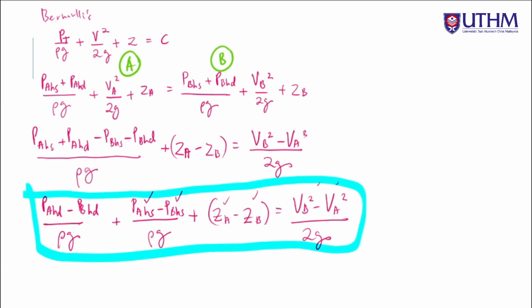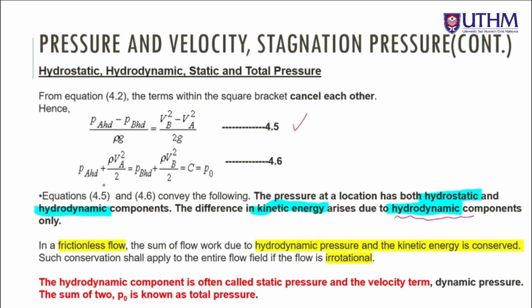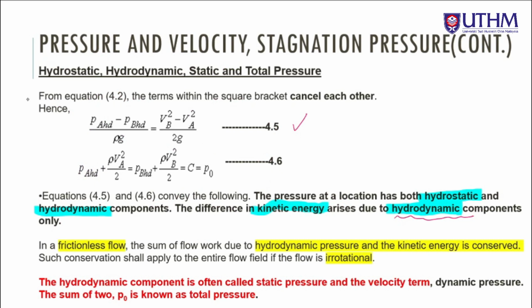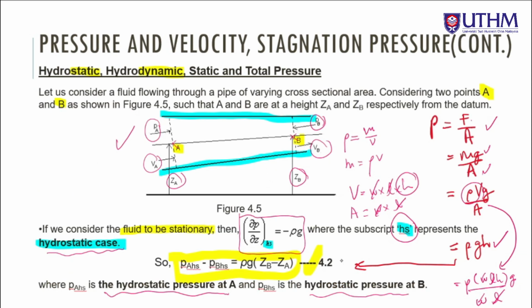Okay, so actually based on this equation, kita boleh simplify lagi based on this from equation 4.2. Which one is equation 4.2? Ingat tak lagi? Adalah this one, kan? Ini terjadi apabila kita consider hydrostatic case. Okay, kan?